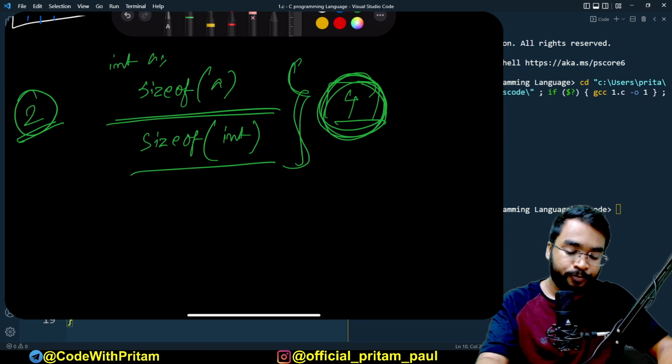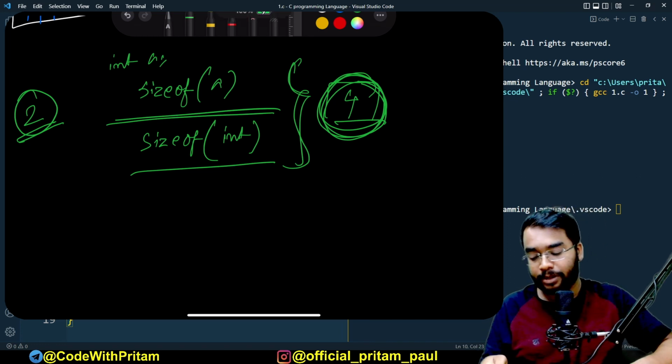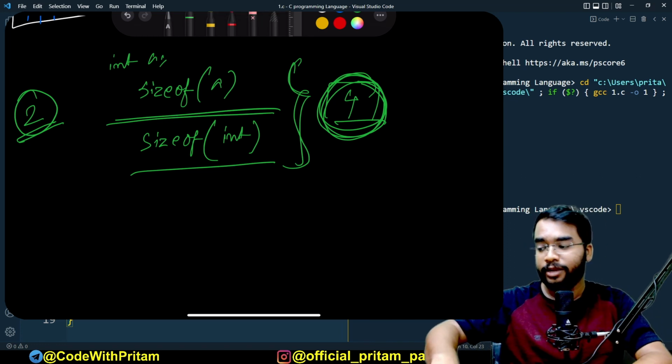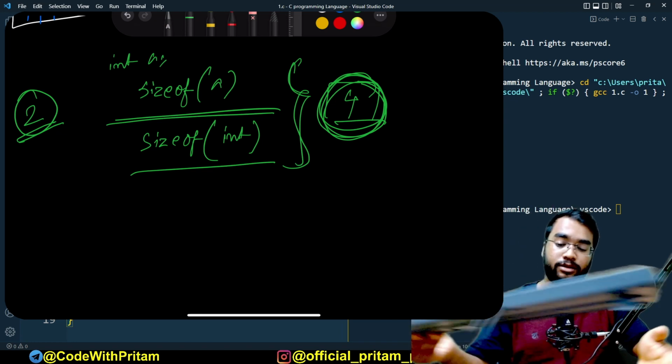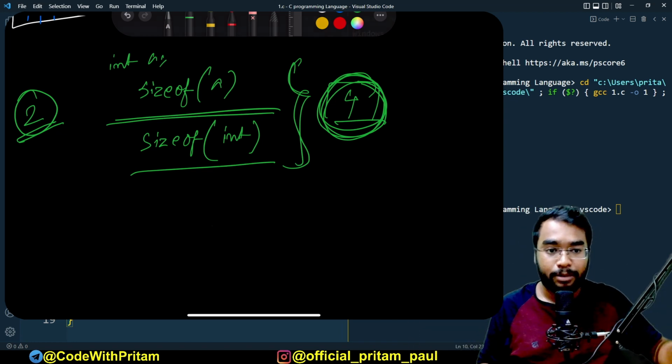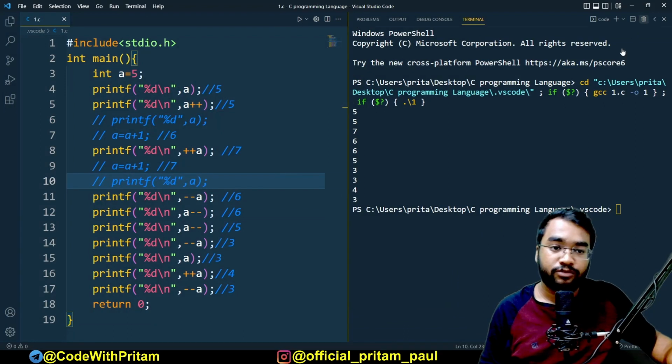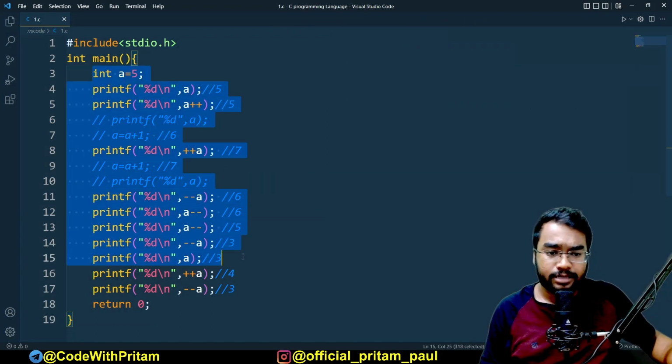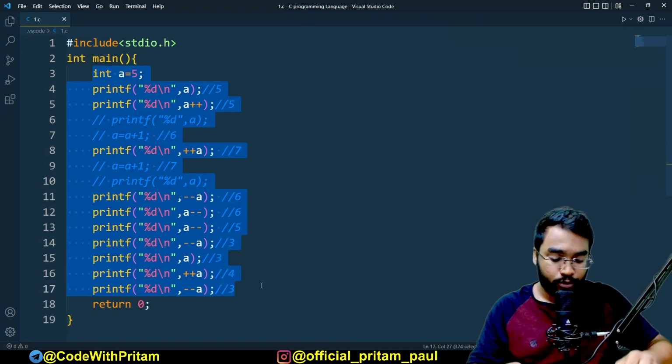Let me show you. This is mainly the sizeof operator, and its use is very important when we will be talking about dynamic memory allocation. The sizeof operator is used in many places, but in dynamic memory allocation we are going to talk about that.